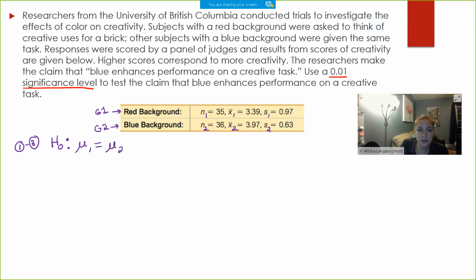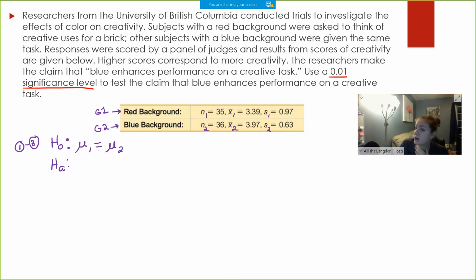Mu1 equals mu2. We're not working with any numbers here. We're just saying there's no difference between these two things. Quick note: another way to know that these are independent groups is notice that the sample sizes are different. That automatically means it's independent because they're not matched.